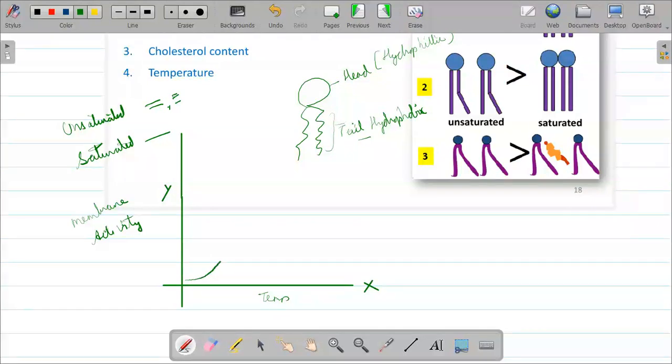When we keep on increasing the temperature, activity increases. After a certain limit, it's not increasing anymore, then it will keep on decreasing. Where you can see this maximum activity, this one is called your optimal temperature.